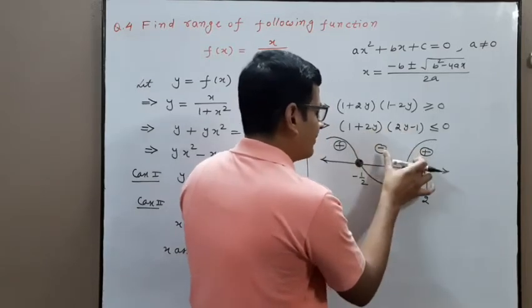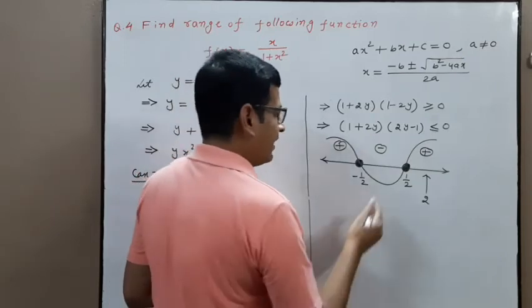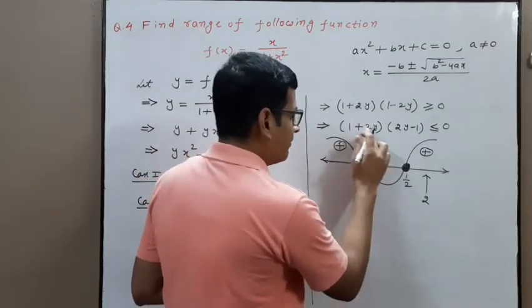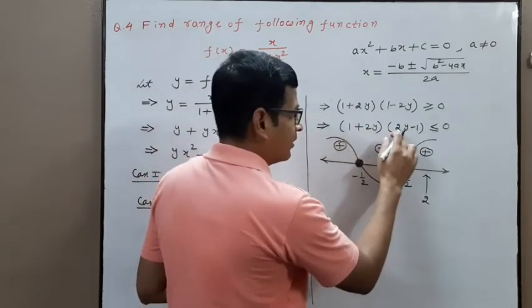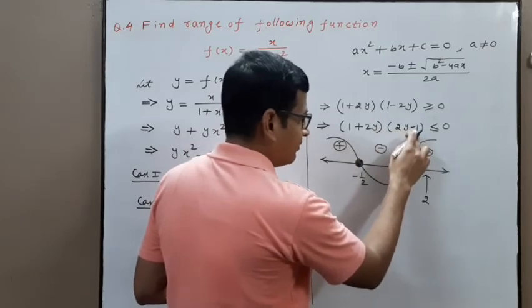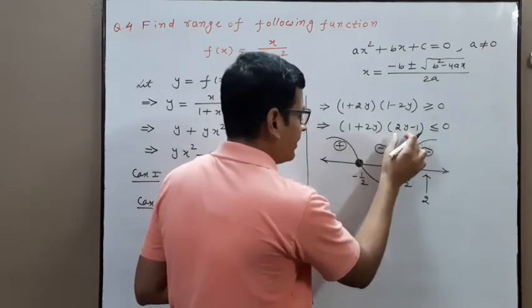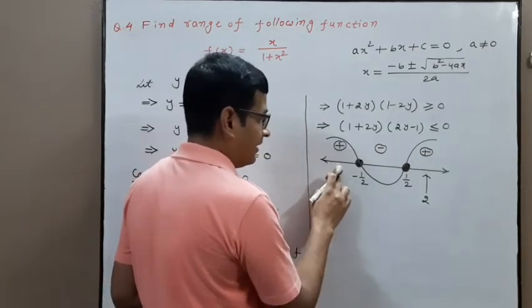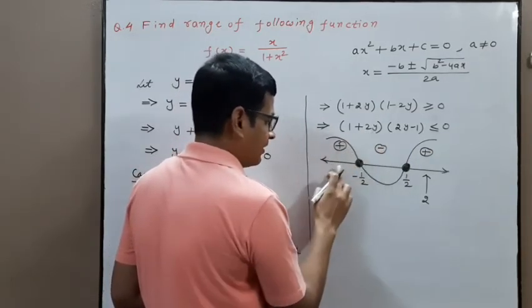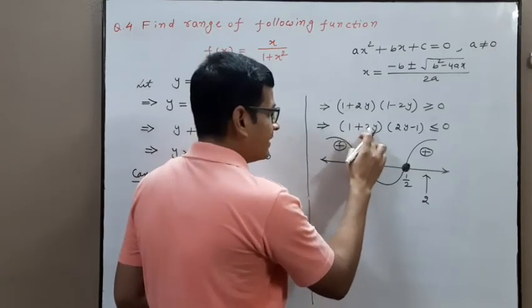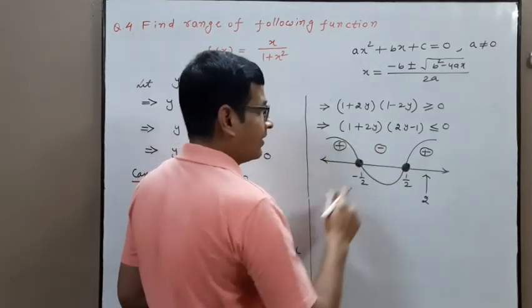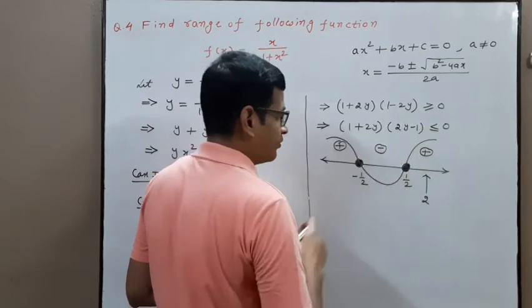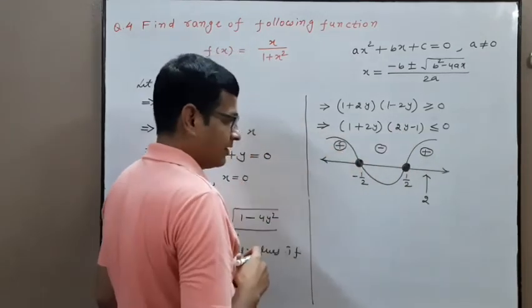Product of two positive numbers is positive. Take any number between these, 0: 1 plus 2 into 0, 1. 2 into 0, 0 minus 1, minus 1. Means positive number into negative number, negative. Similarly, take any number, minus 3: 1 plus minus 6, minus 5, and minus 7. So product of two negative numbers is positive.